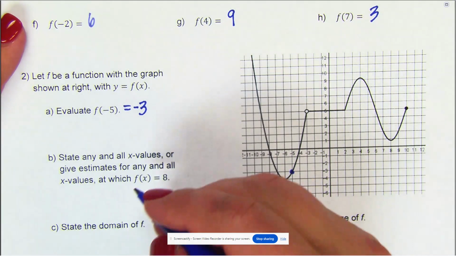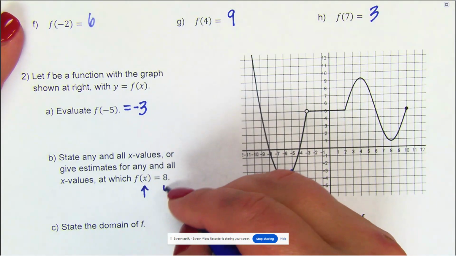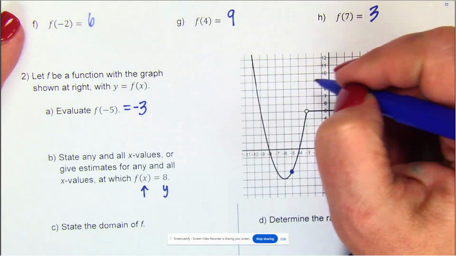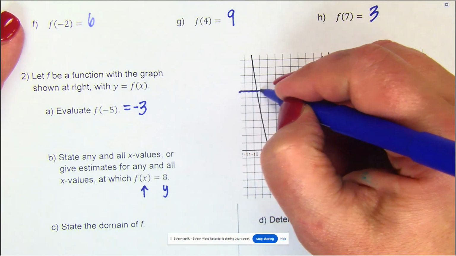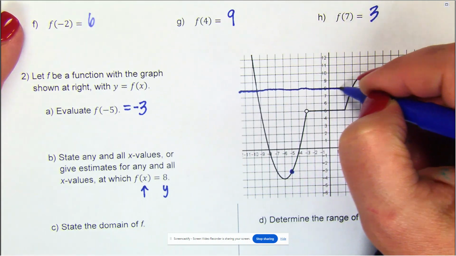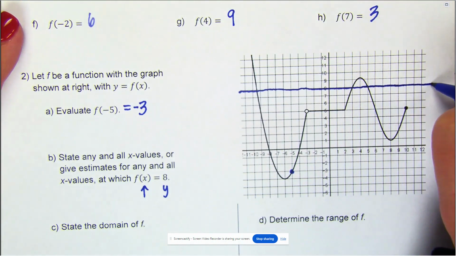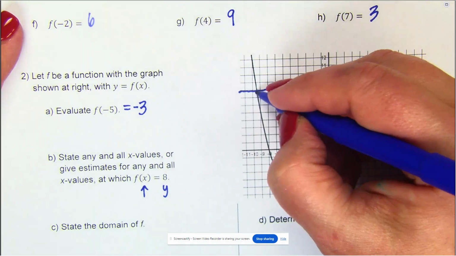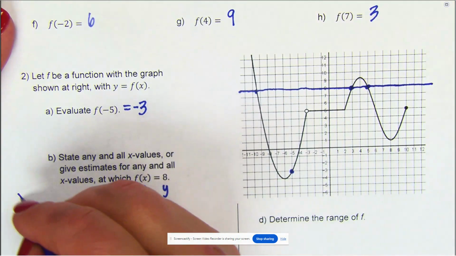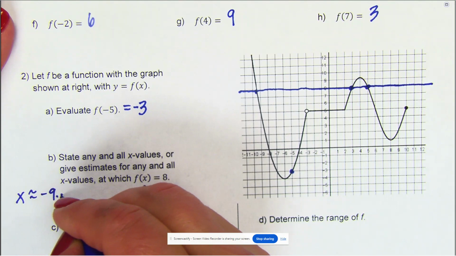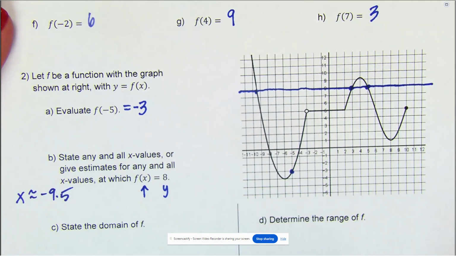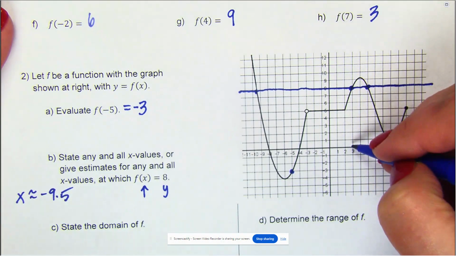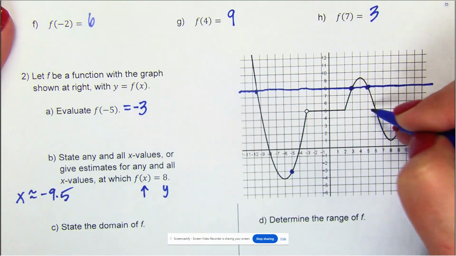This time they're not giving me the X, they're giving me the Y. So I'm looking for all the X values when Y equals 8. So I've got that one, and that one. So it looks like at about negative 9.5, 3, and 5.